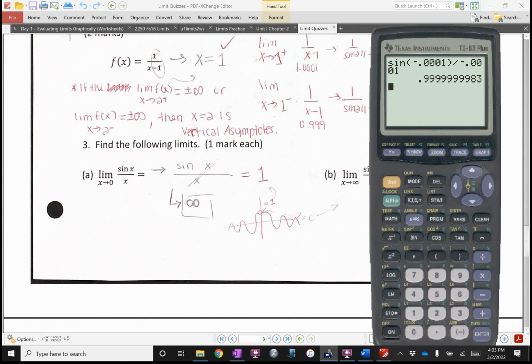Come on. Let's try that same trick from the right. If you're lucky, you can just backspace, delete the negative. Same answer both times? What's the limit? 1. I don't know of another way to get there without more trig than you know.